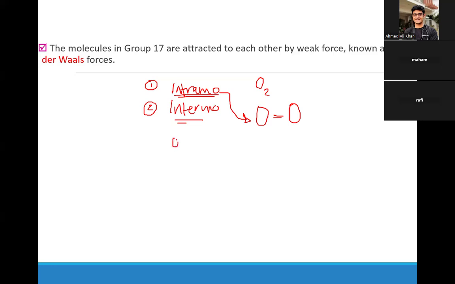Intermolecular forces will exist between individual O2 molecules: one O2 molecule, the other O2 molecule, another O2 molecule. The forces that exist between these molecules of oxygen are known as intermolecular forces. One of those intermolecular forces is the van der Waals force. This is the weakest of all intermolecular forces. There are many other intermolecular forces which we'll talk about later.